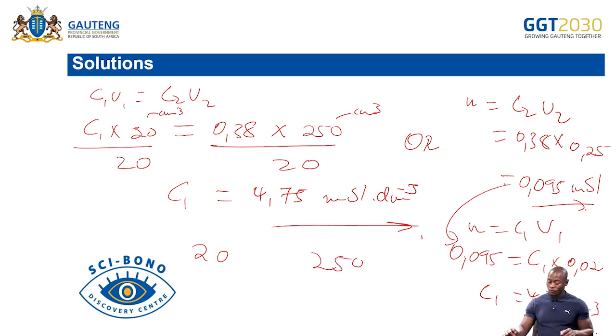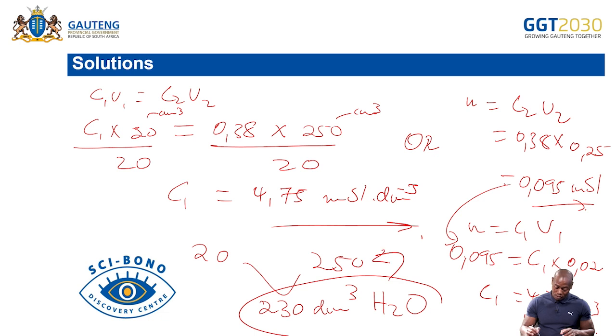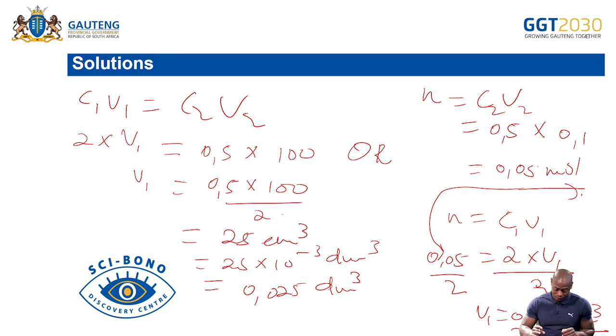So we'll just say 250 minus 20, which is 230 cubic centimeters of water that was added, to make a solution of 250. So we added 230 cubic centimeters of water to that 20 cubic centimeters of sodium hydroxide solution to get a dilute solution of sodium hydroxide with a volume of 250 cubic centimeters. Right. Okay.